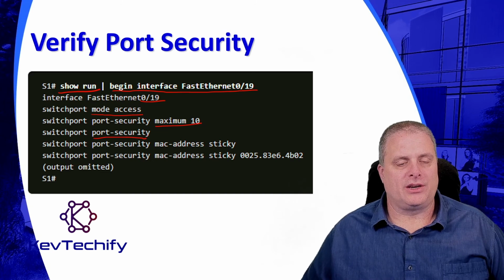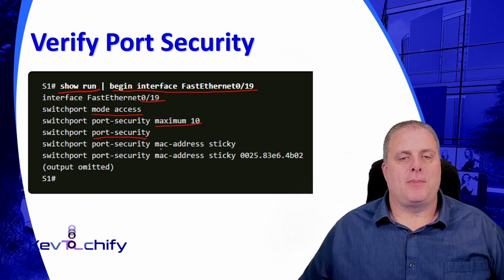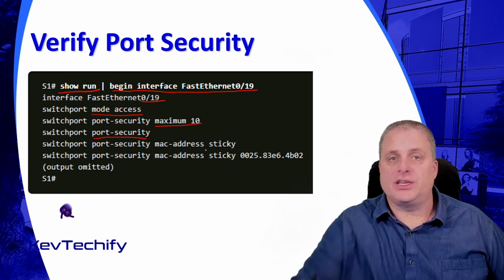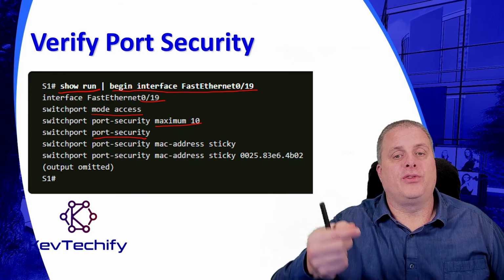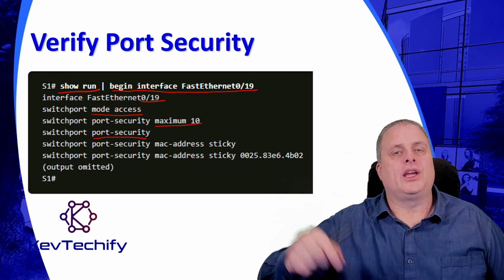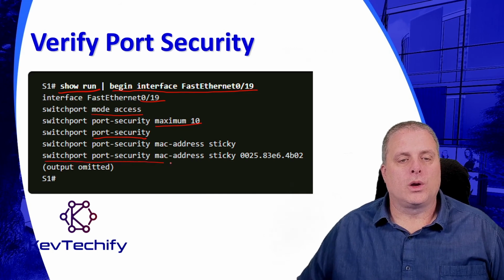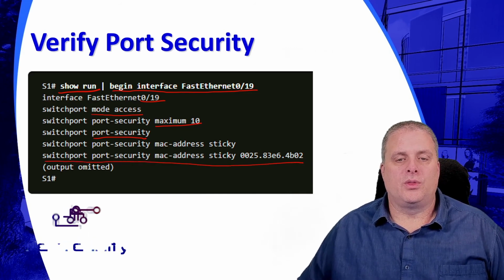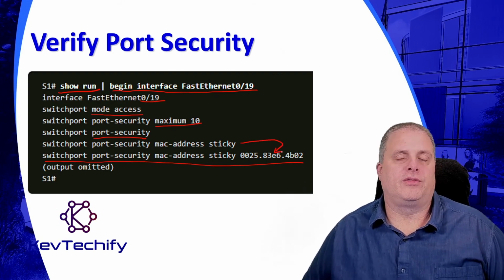We've turned port security on. We have port-security mac-address sticky, so every device plugged into it is going to be written into the running config to make sure that device can reconnect after it starts up. And this is the line where that is written into the configuration. So this MAC address was learned through sticky and then written into the configuration.